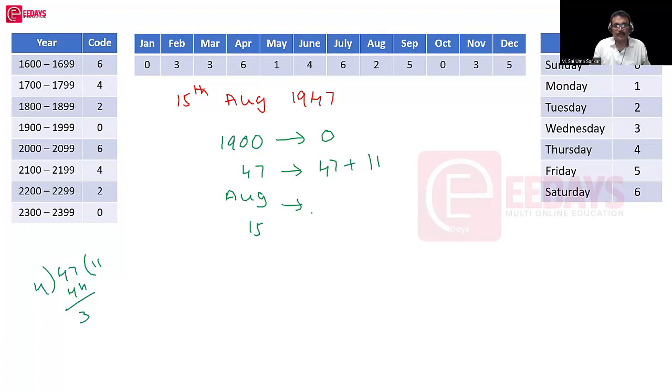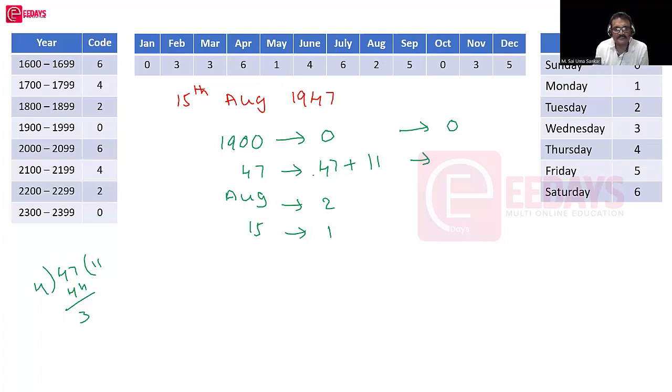And what is the code for August? That is equal to 2. And what about this one? 15. If you divide this 15 with 7, the remainder is equal to 1. So what about this case? This is 0. And 47 plus 4 plus 11, 58. See, a simple method is that no need to add this thing.